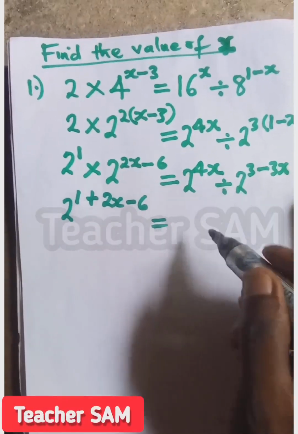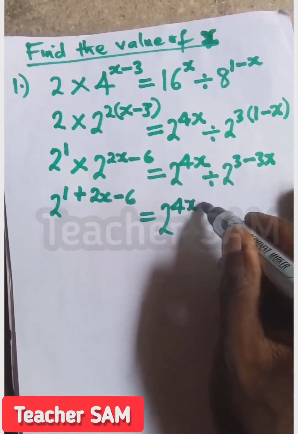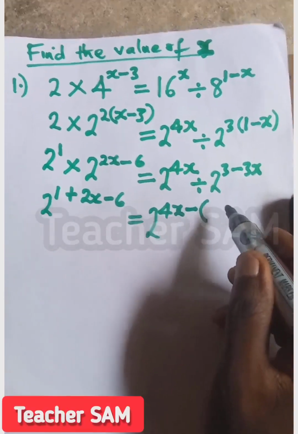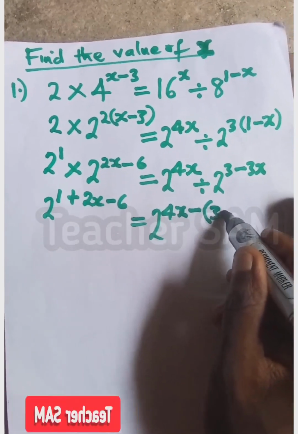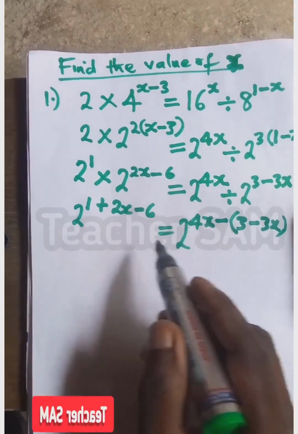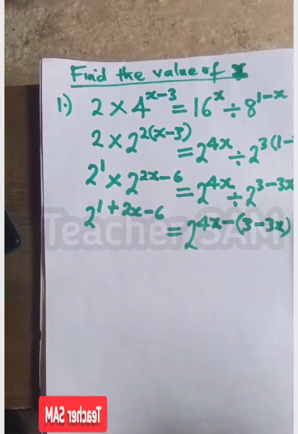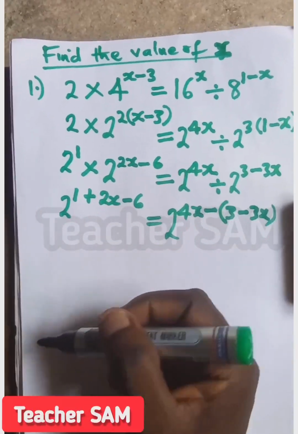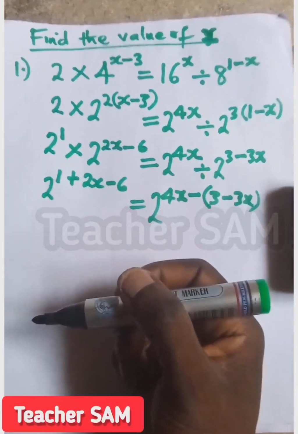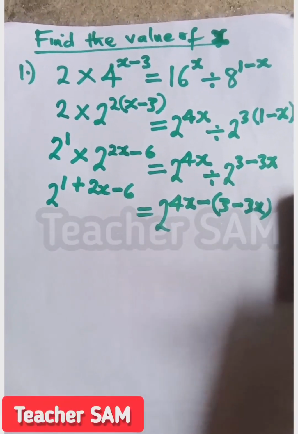Now this is division, so it's going to be 2 raised to the power 4x minus, and I'm going to use a bracket to separate it because this is a negative sign. It's going to affect the answers. So that would be 3 minus 3x. Why didn't I use a bracket here? This is positive. Positive does not really affect the answer much. But negative affects the answer. So if you are not careful with bringing in this kind of bracket, it could be so confusing and you end up having wrong answers.